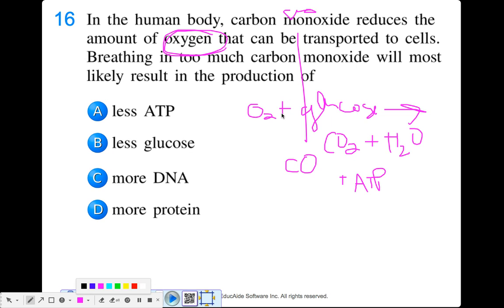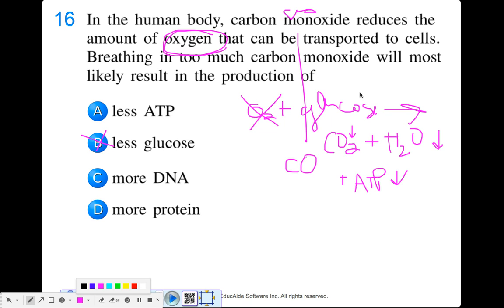So if we don't have enough oxygen, then this reaction is not going to go that smoothly. So we're going to have less of all of these things. Less carbon dioxide, less water, less ATP.